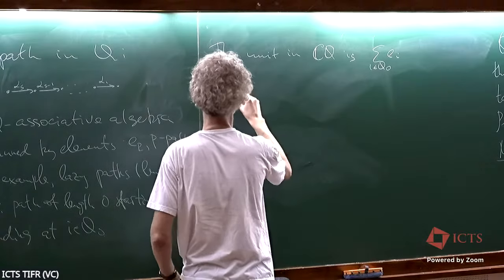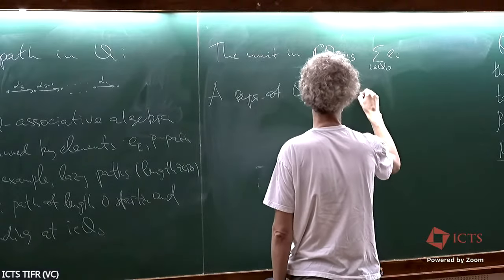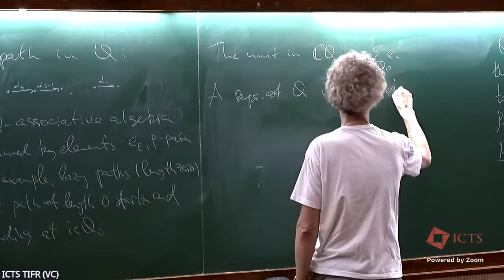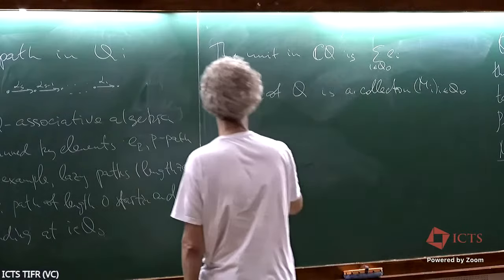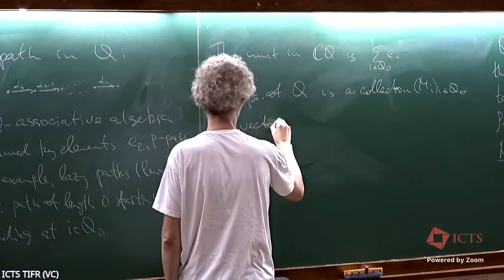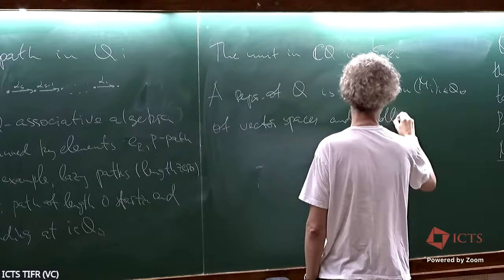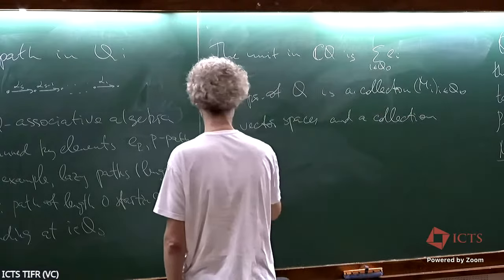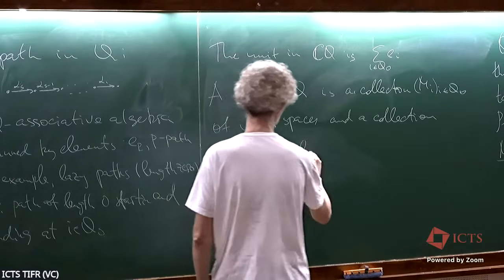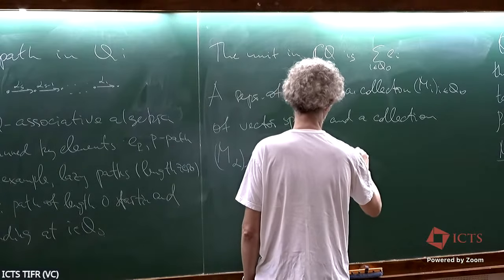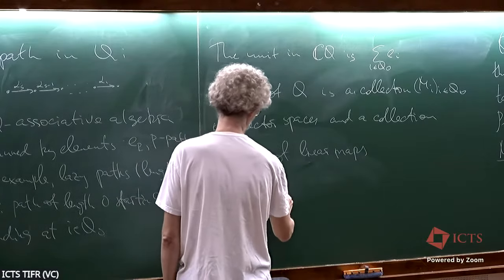A representation of Q is a collection Mi, I from Q0, of vector spaces, and a collection M alpha, alpha from Q1, of linear maps, where M alpha is a linear map from the source of alpha to the target.